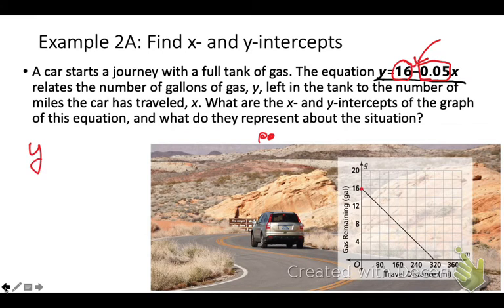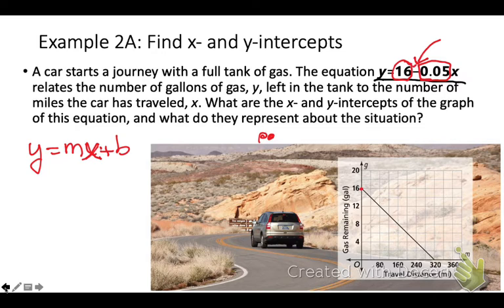Y equals mx plus b. 0.05 is my coefficient of x, so it is my slope. I am using 0.05 gallons of gas per mile.